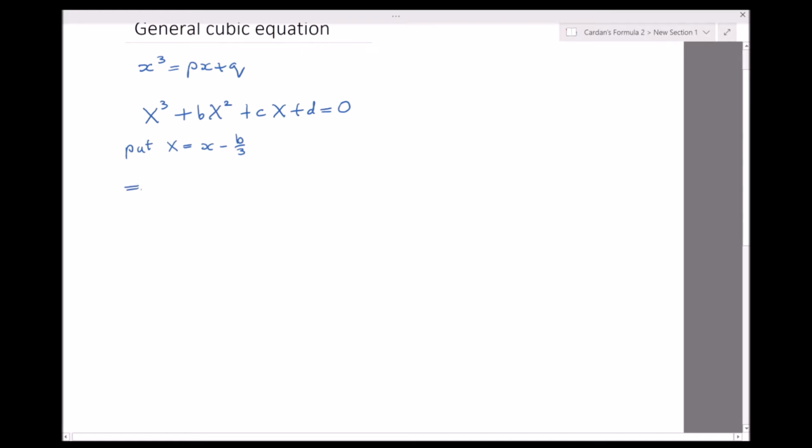That will give us x minus b over 3 cubed plus b times x minus b over 3 squared plus c times x minus b over 3 plus d equals 0.